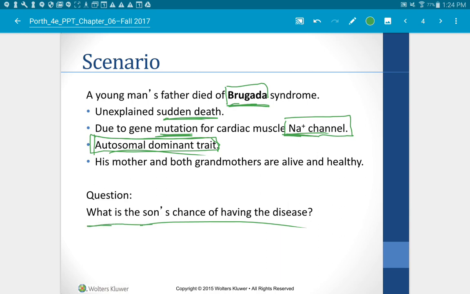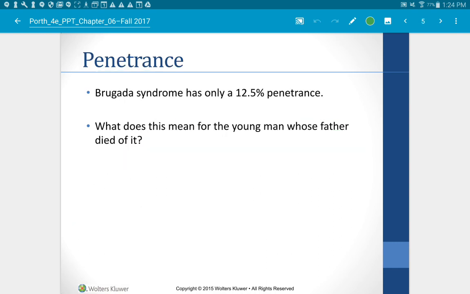But assuming 100% penetrance, which we'll define in a moment, like we saw in the previous, what would the chances be of having the disease? 50%. If one parent had it, so presumably the mother doesn't have it, the grandmother doesn't have it, the father had it, it'd be a 50% chance. Now, they're using that to illustrate another concept in genetics called penetrance.